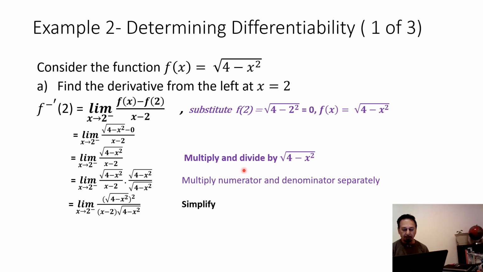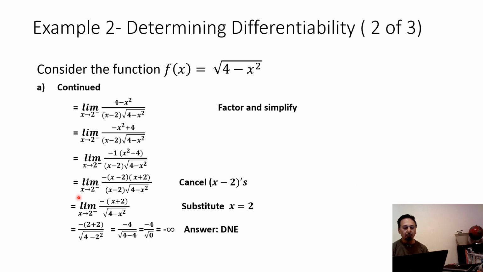Now we multiply and divide by the square root of 4 minus x squared. So we have limit as x approaches 2 from the left of (square root of 4 minus x squared) over (x minus 2) times (square root of 4 minus x squared) over (square root of 4 minus x squared).